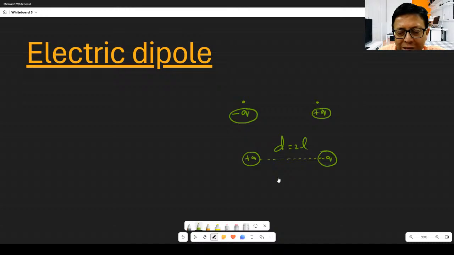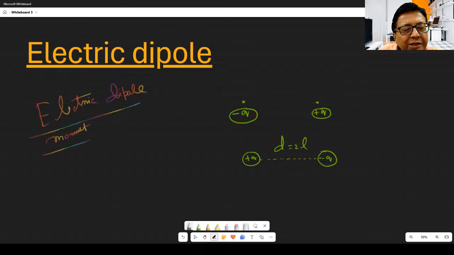Electric dipole is characterized by electric dipole moment. What is that? Electric dipole moment P equal to Q into 2L. 2L we have taken as a vector.